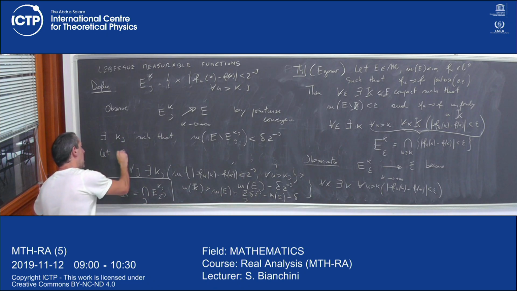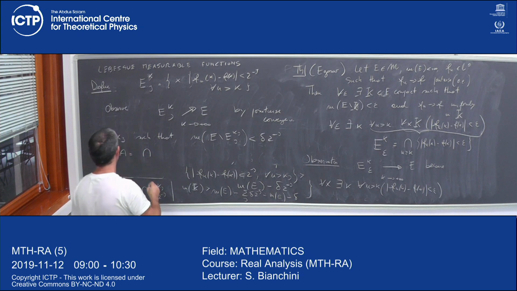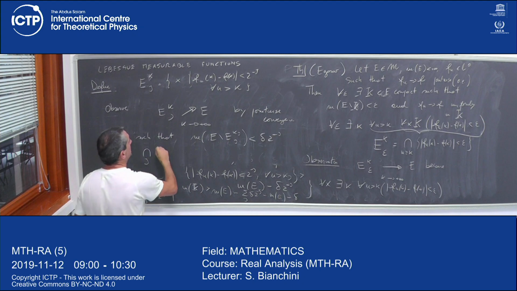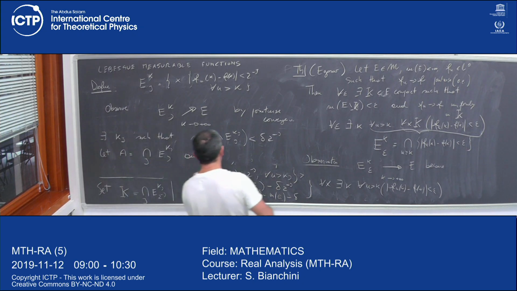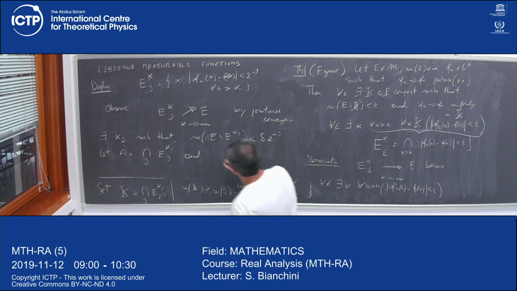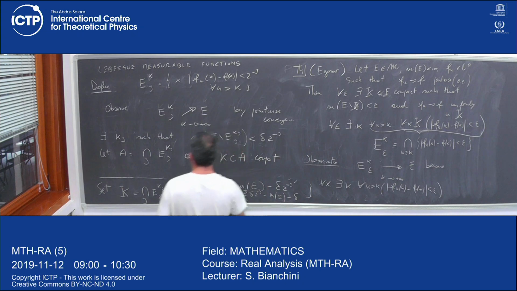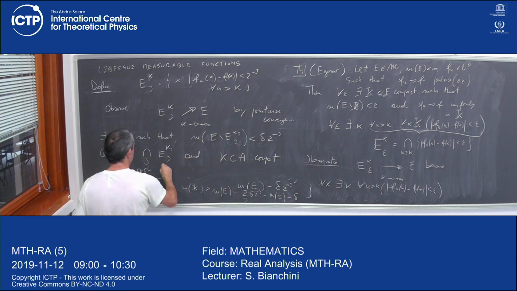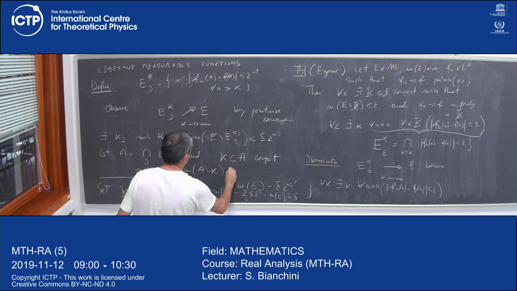Let's say A is equal to the intersection over j of these sets E_{k_j,j}, and K contained in A, compact, such that the measure of A minus K is less than delta.